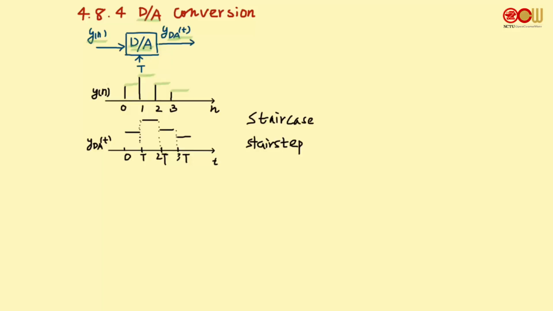What we do is pass the output of the D2A converter through a reconstruction filter, but this time we have a tilde. We pass it through a tilde filter.